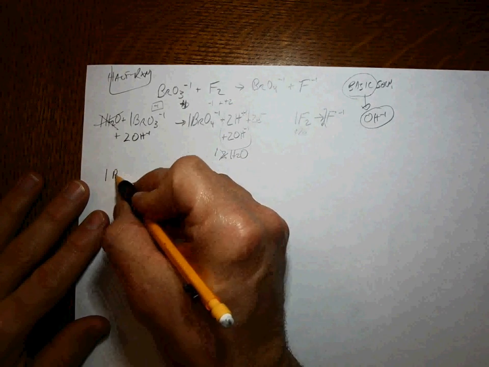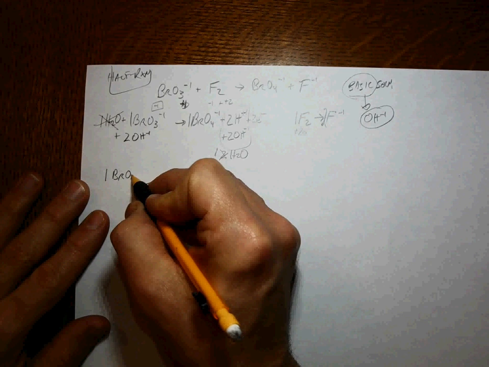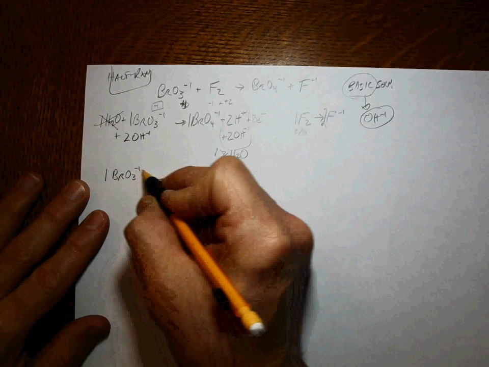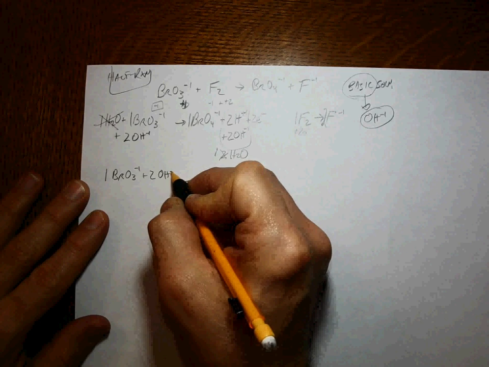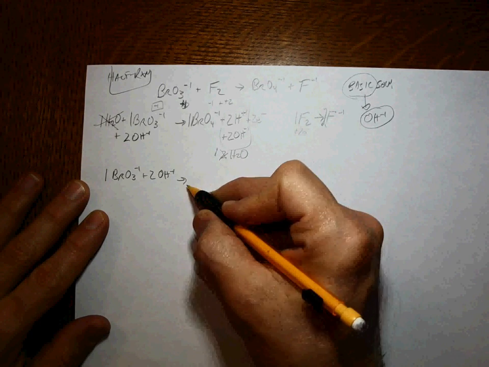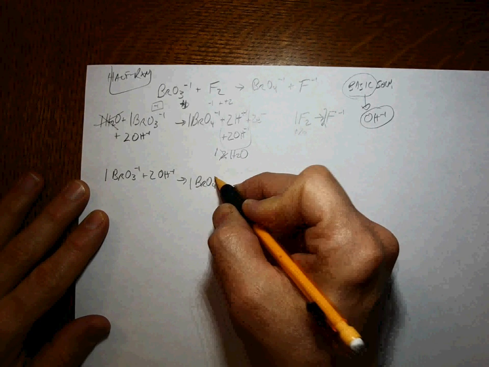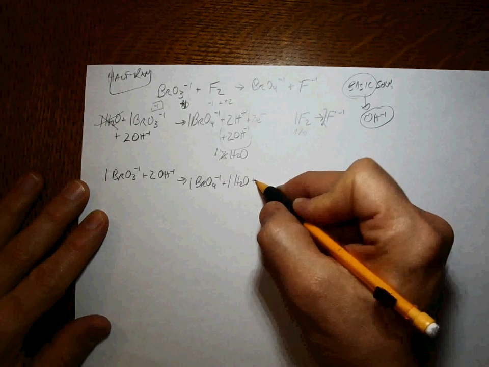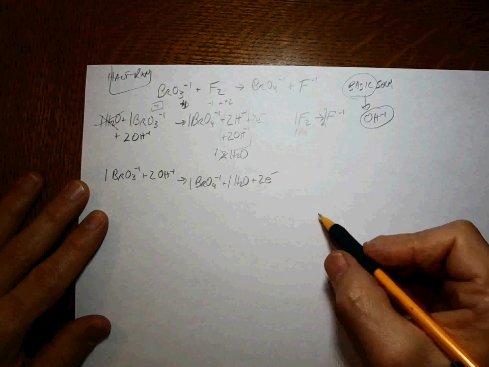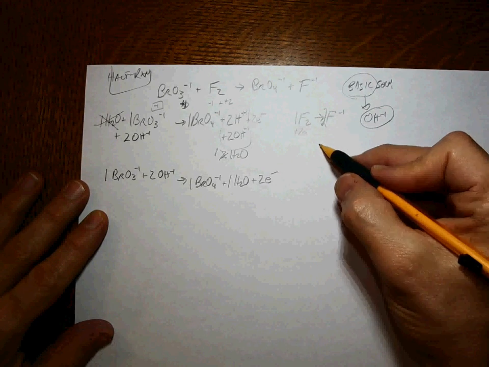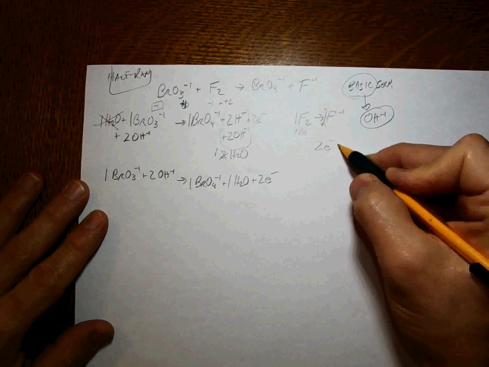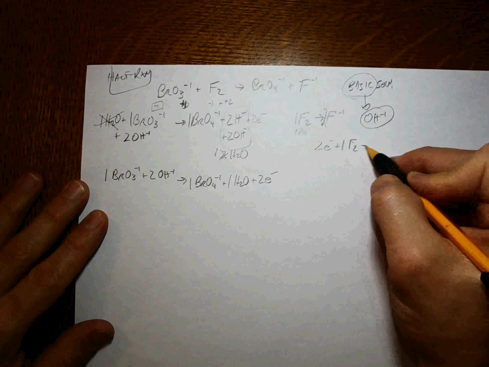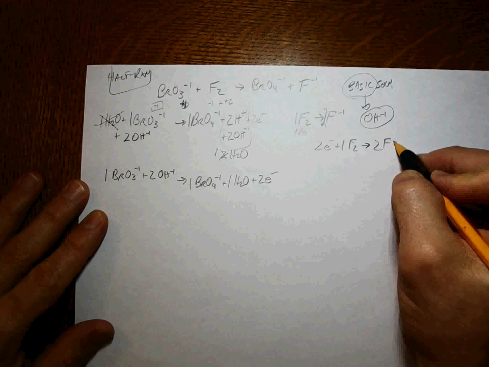Now we add them up on both sides. 1 BrO3 minus 1 plus 2 OH minus 1 makes 1 BrO4 minus 1 plus 1 H2O plus 2 electrons. And on this side it's 2 electrons plus 1 F2 goes to 2 F minus 1s.